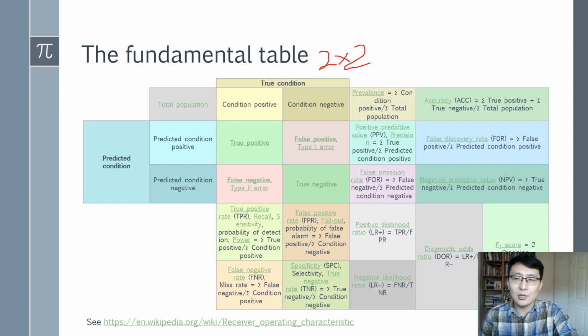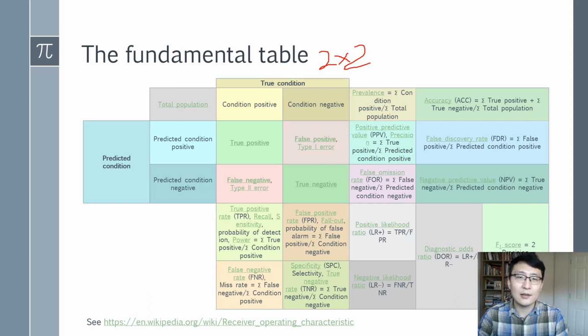For example, you have this antibody test and you test whether it's positive or negative. Effectively, this test kit is predicting whether you are immune or not, right? That's what the term predicted condition means. The test result could predict you are positive, or could predict you are negative.